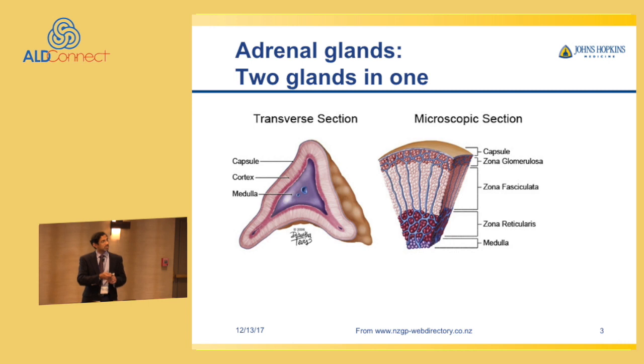And when you slice it open, what you can see is that the cortex actually has 3 different zones. And each of those zones is actually specialized to make different hormones.